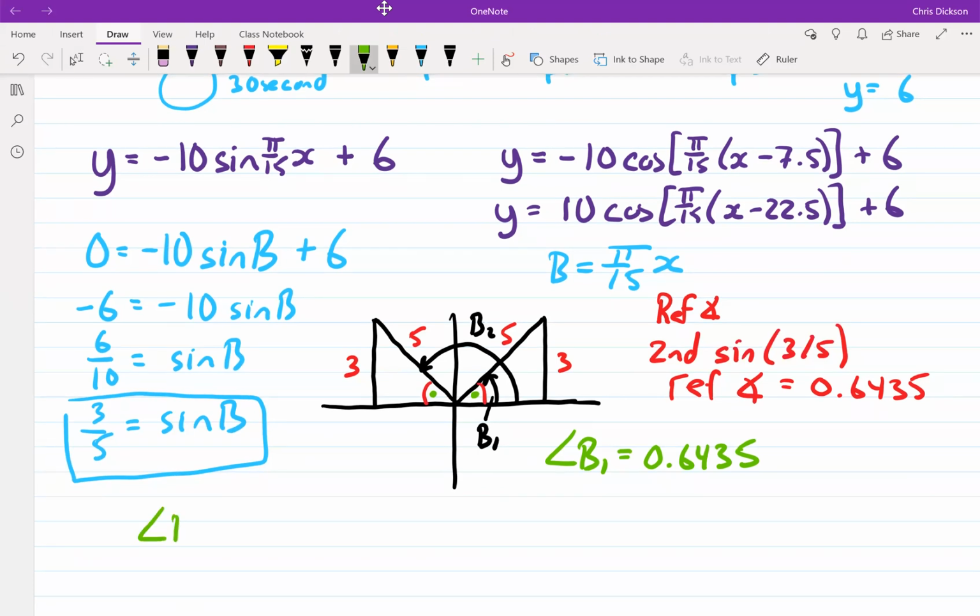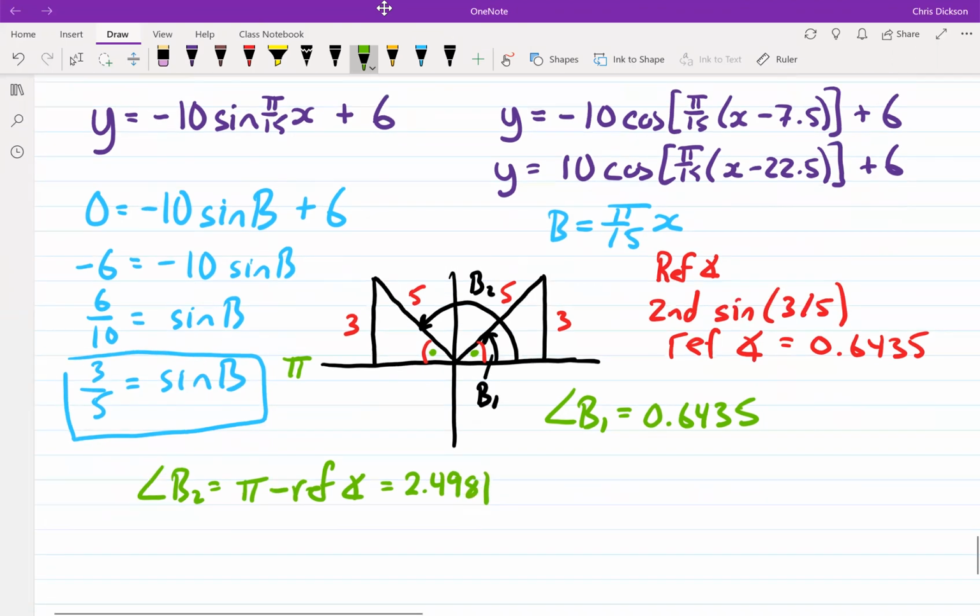Angle B2 would be equal to pi minus the reference angle. So that would be pi minus the reference angle, which is 2.4981 roughly.